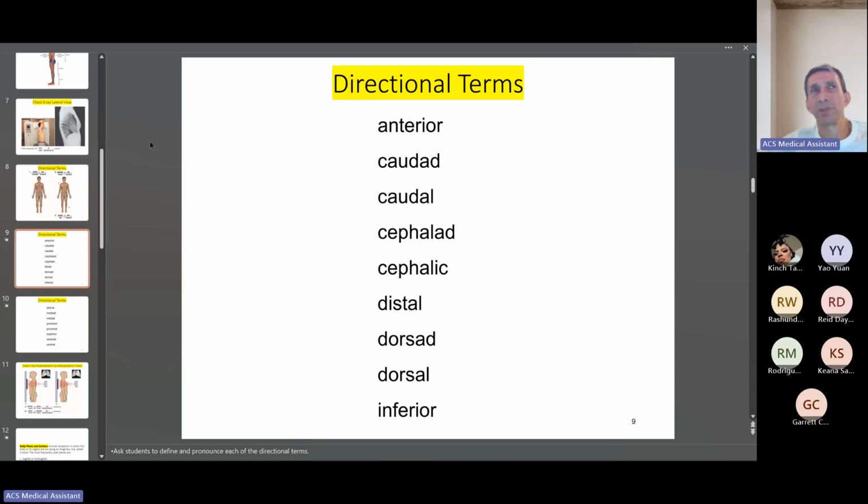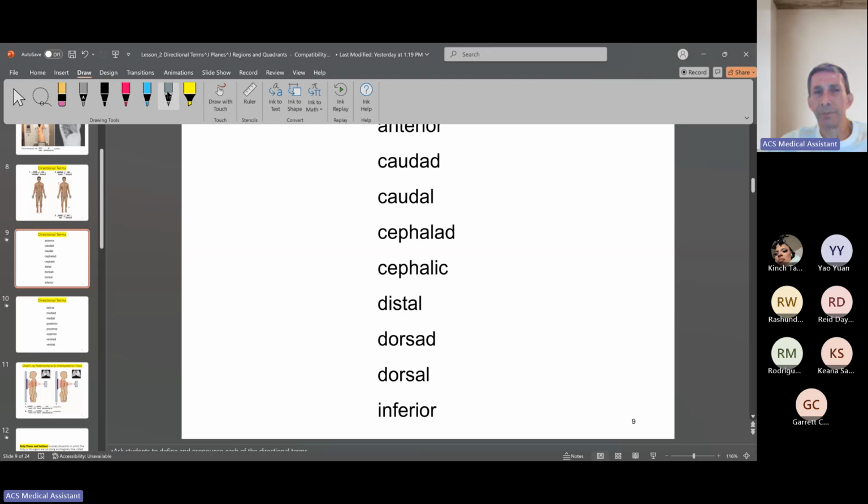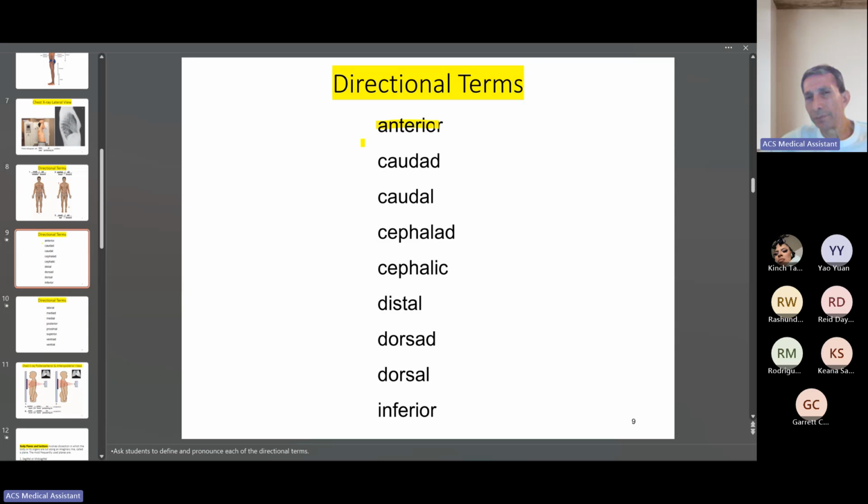Okay, so let's put these word roots with directions and their suffixes. We cover, I believe, all of them. We're going to use it once again. So we have here anterior. Remember, anter is the word root. The entire medical term is anterior. It means pertaining to the front.